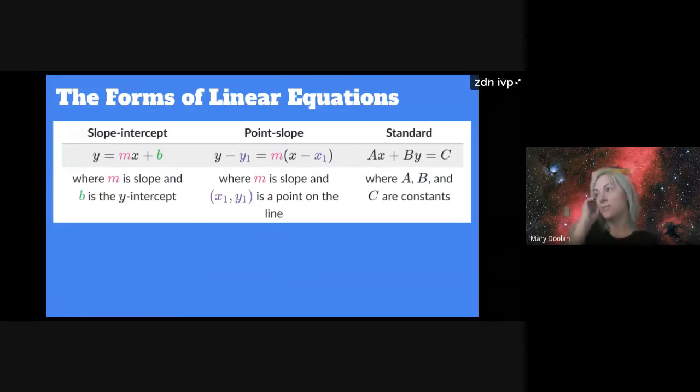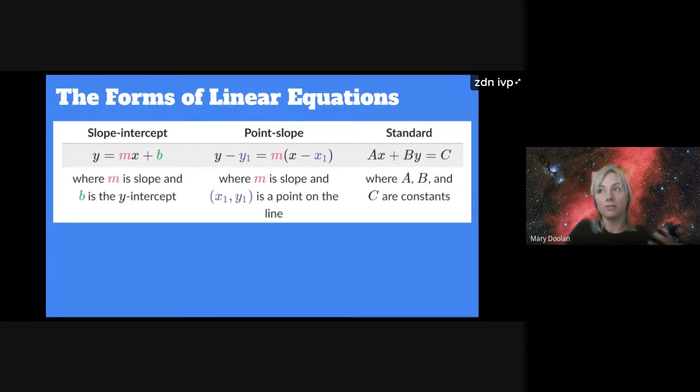One thing standard form is good for, though, is finding your x and y intercepts, which we talked about before. That's where you find where the line crosses the y-axis and where it crosses the x-axis, and if you plot those 2 points and connect them with a line, then you graph the line. That's another way to graph a line.